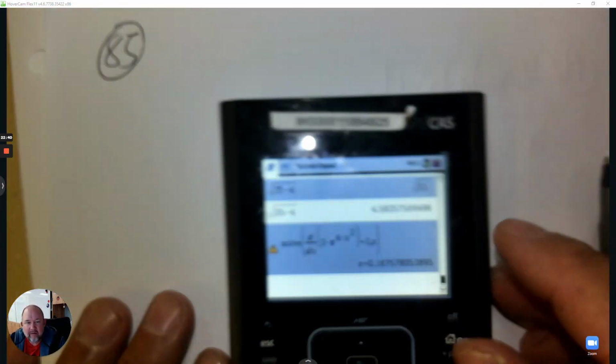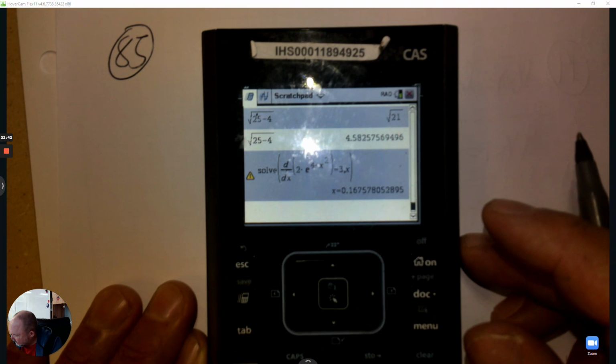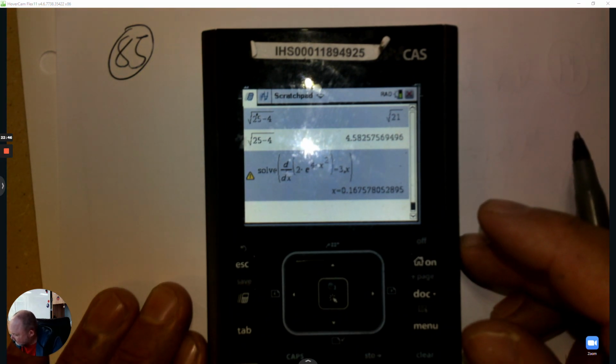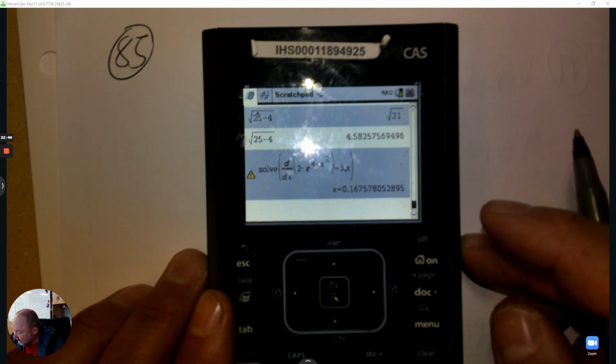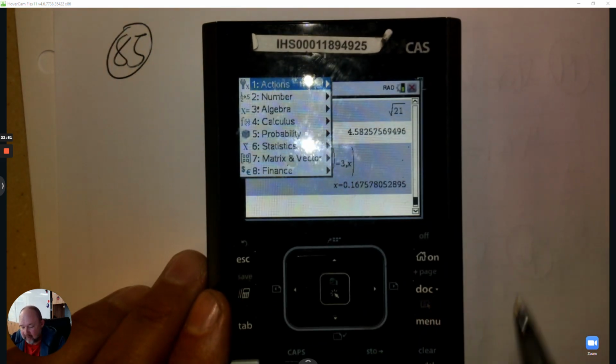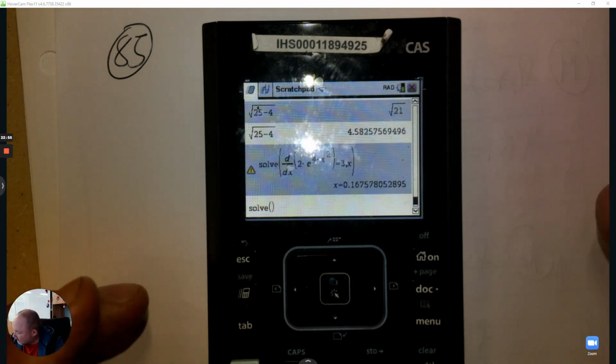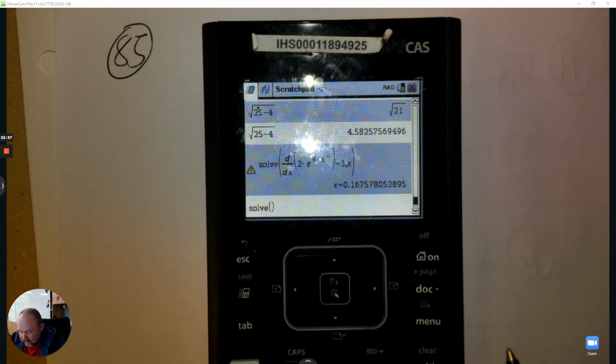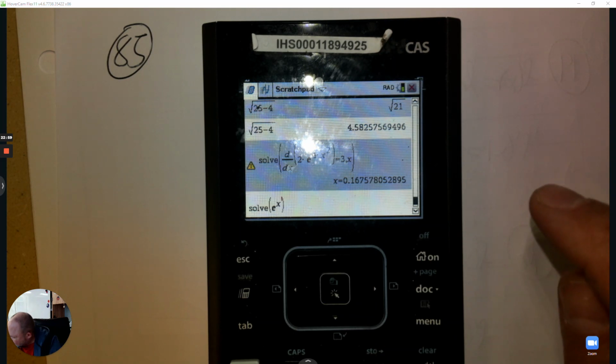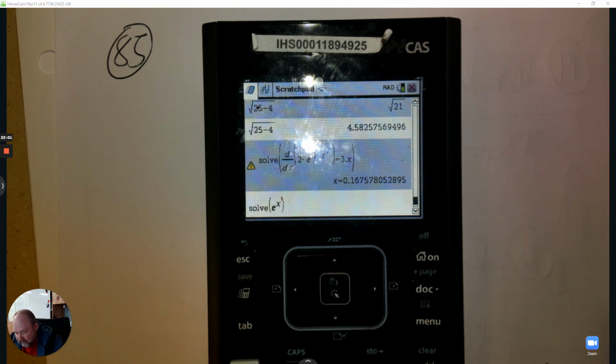And for these, I'm going to tell you what I'm going to do. All right, let's just do that. So let's solve the equation. So menu, algebra, solve. And I'm going to take the derivative, what it told me it is, which is e to the x, subtract 3x squared.